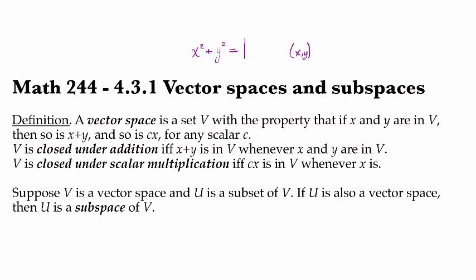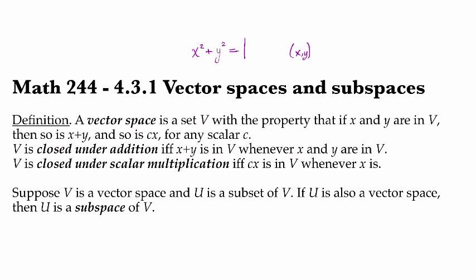So we break this property of being a vector space, so the addition and the scalar multiplication property, into two pieces. And we say that V is closed under addition if sums are always contained in V. So if x and y being elements of V implies that the sum is an element of V. And we say that V is closed under scalar multiplication if whenever c is a number, a scalar, and x is an element of V, then the product cx is also an element of V. And so together, we say that V satisfies the closure properties.